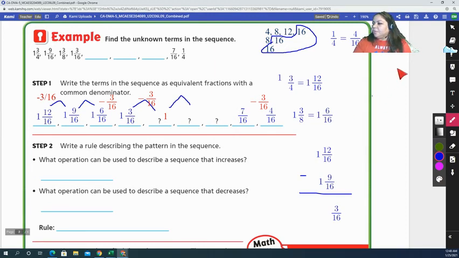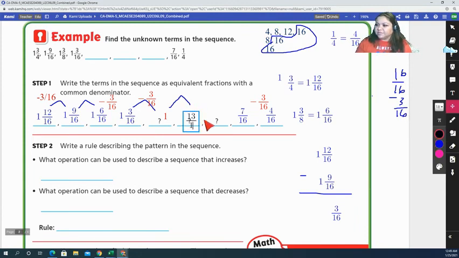Remember, when we're subtracting, a whole number can be written as 16 over 16. Subtract 3/16, and that'll give me 16 minus 3, 13/16, right? So here, my next term is 13 over 16.